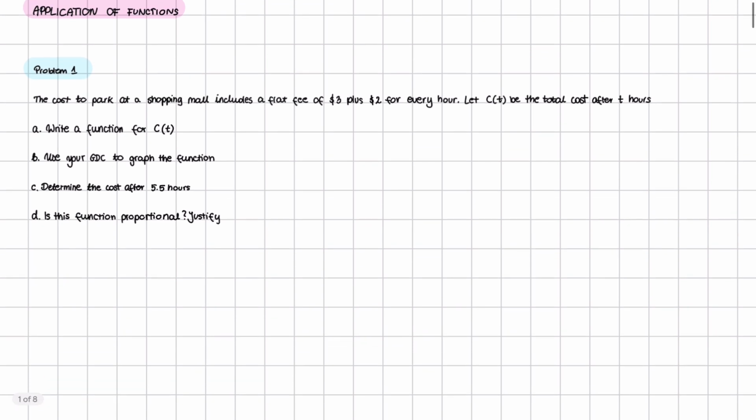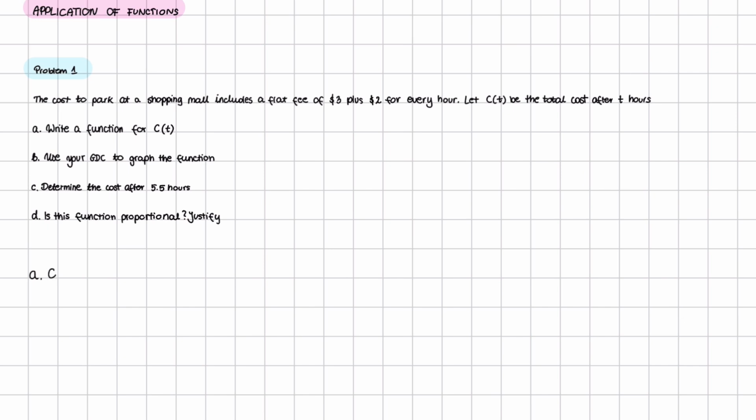So we know that we have a flat fee of $3, so it is a fixed fee, and then we have to pay $2 times t because we pay for every additional hour.